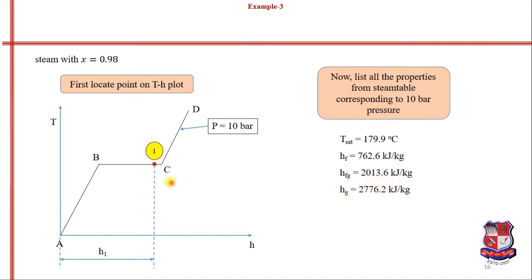Hg, enthalpy of dry saturated steam, means enthalpy up to point C, is 2776.2 kilojoule per kg. Vf is the specific volume of saturated liquid, means the specific volume of the liquid at point B. And specific volume of gas means specific volume of dry saturated steam at point C. It will be denoted by Vg, equal to 0.194 meter cube per kg. You can find all this data from the steam table.